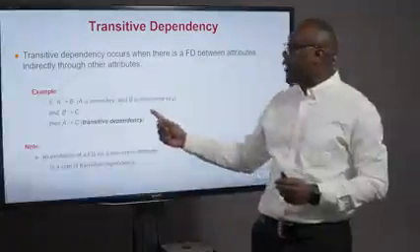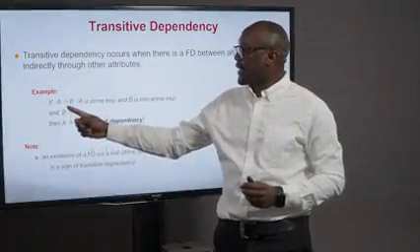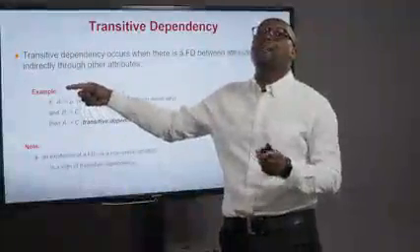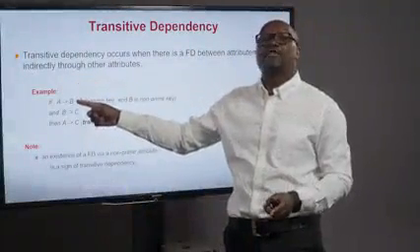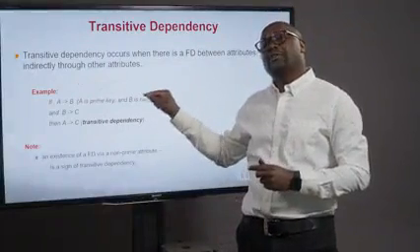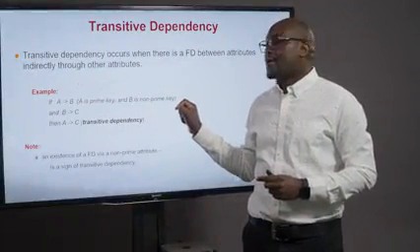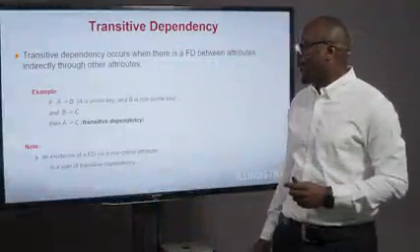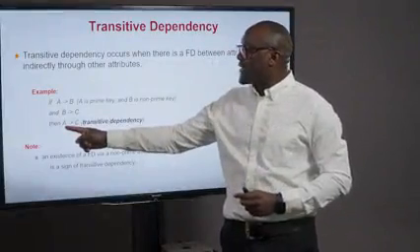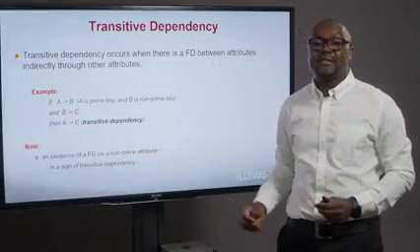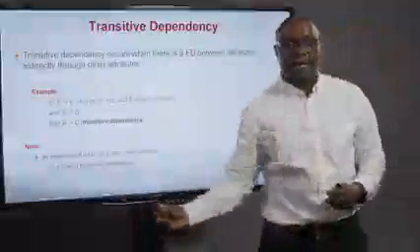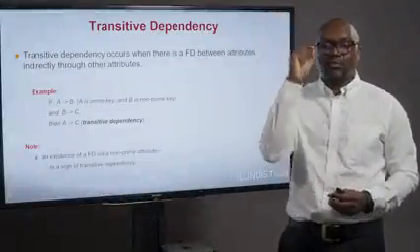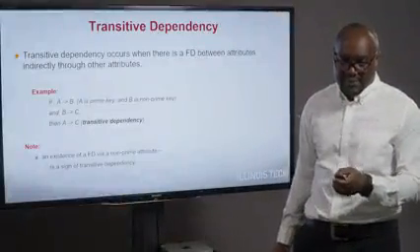You can see our non-prime here is B. So A points to B, B is already depending on someone, and again it goes ahead to point towards another attribute. Now that is an indication of a transitive dependency. And of course, we can conclude that A determines C transitively via B, or indirectly via B, and that's why we call it transitive dependency.